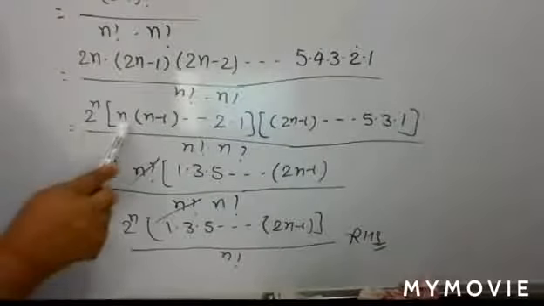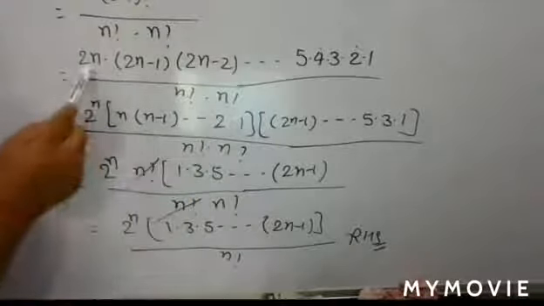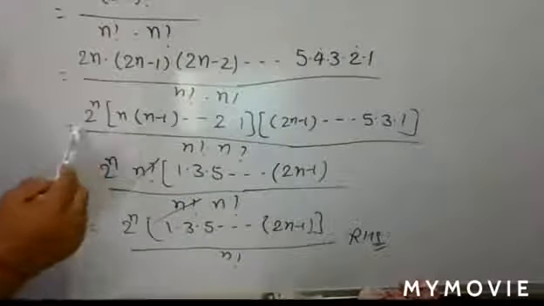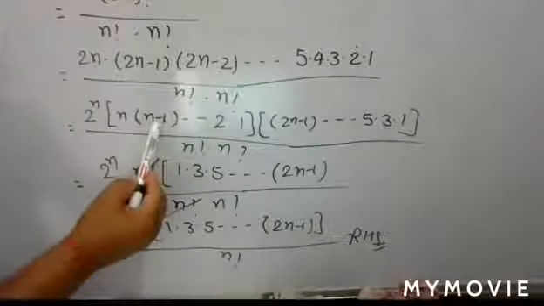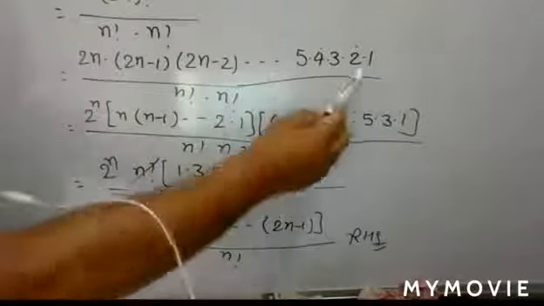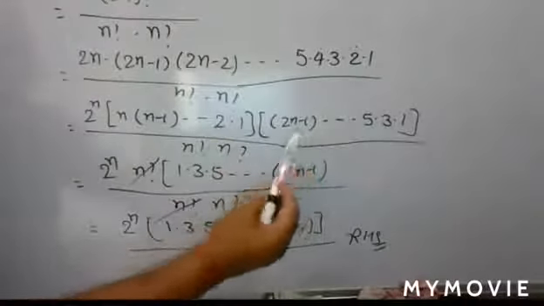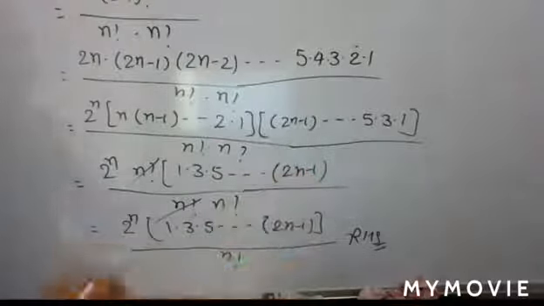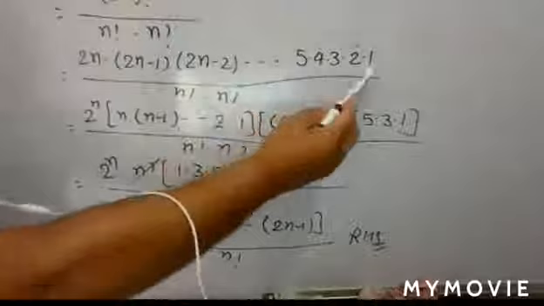Getting it? And then you write what is left. Here 2n is your even term, so you write n, 2 is common. 2n minus 2 is even, so you have n minus 1. In place of 4 you can write 2, in place of 2 you can write 1. And in this bracket you write all the odd terms which are left: 2n minus 1, 5, 3 and 1.